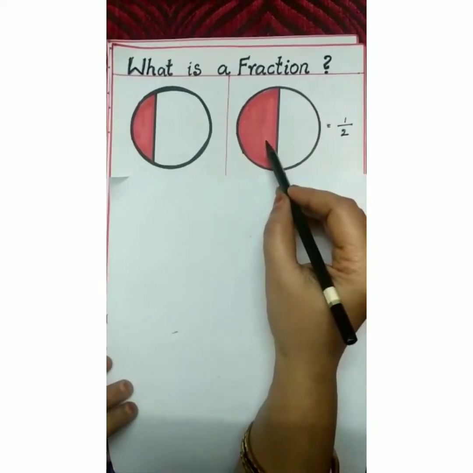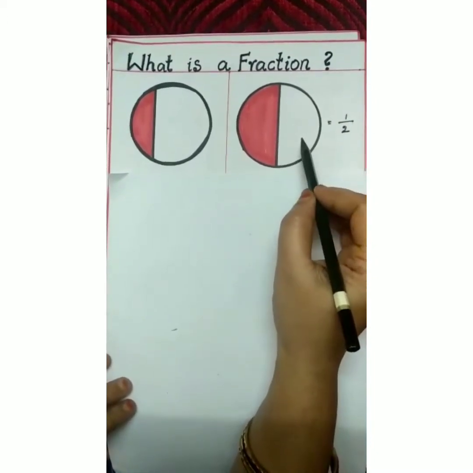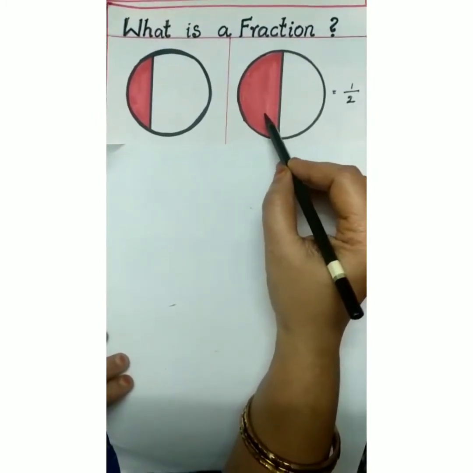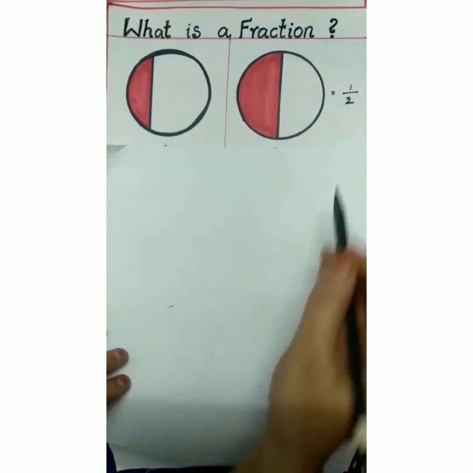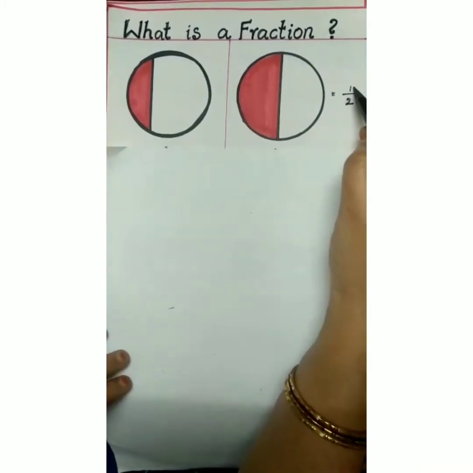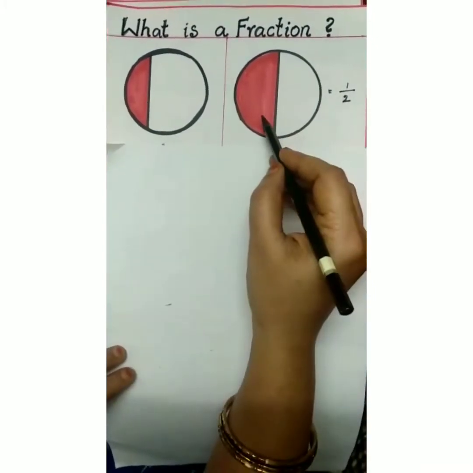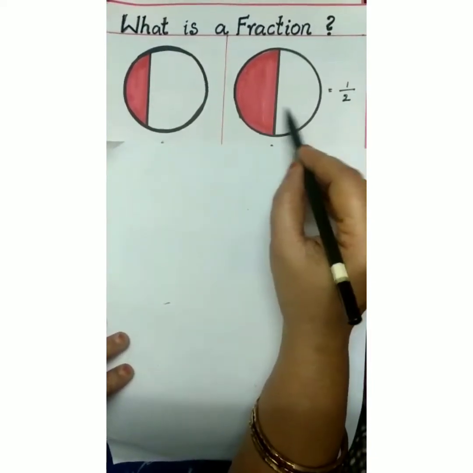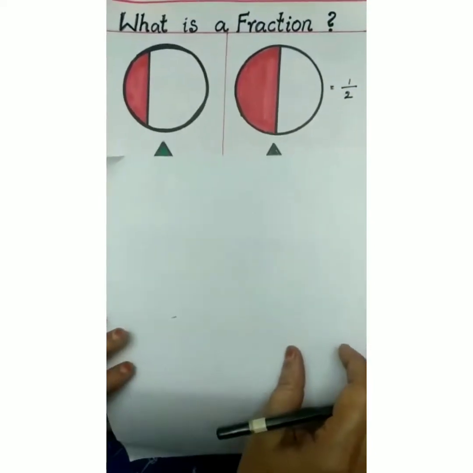Each part represents one half. This is one half and this is one half. Now here I selected one part. This red shaded portion represents 1 by 2, where the top number 1 represents the selected part and the bottom number 2 represents the number of equal parts into which the whole has been divided.